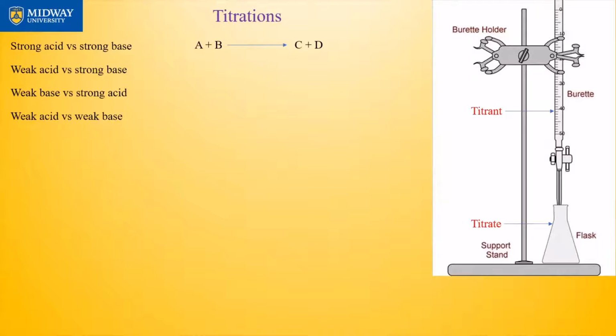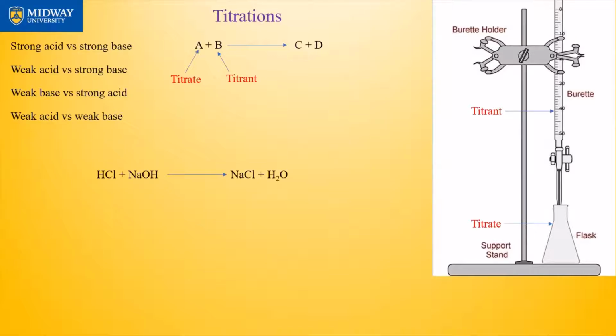I don't know if anybody would write it the other way around because that leads to confusion, okay? Because if you write a reaction this way, then you're implying you're adding titrant into a titrate, okay? That's really what it means. You always add a titrant into a titrate. So the chemical reaction that involves a titration can only be written one way, okay? Writing it any other way can only lead to chaos and confusion.